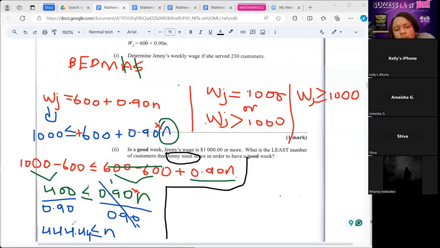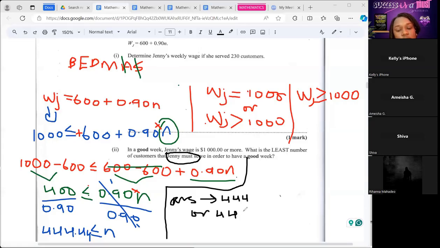As you all know, there's no half a person or piece of person walking around alive. So even though you get 444.4, for the least, the answer is either going to be 444, because they have to count persons as whole people, or 445.